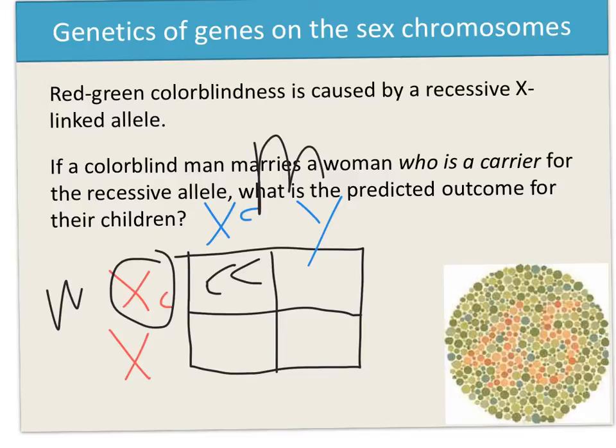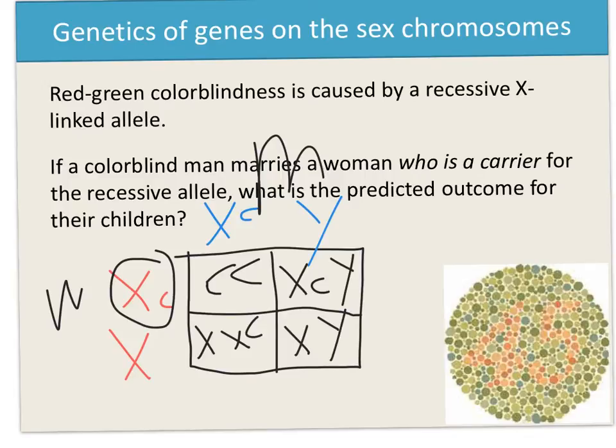Now, if we go across, we still got a colorblind X from the female, and we've got a Y. So we'll have a man who is colorblind as well. Now on the bottom here we have a normal X, and we have an X and an X^C, so that's a carrier, and we also have an X and a Y.